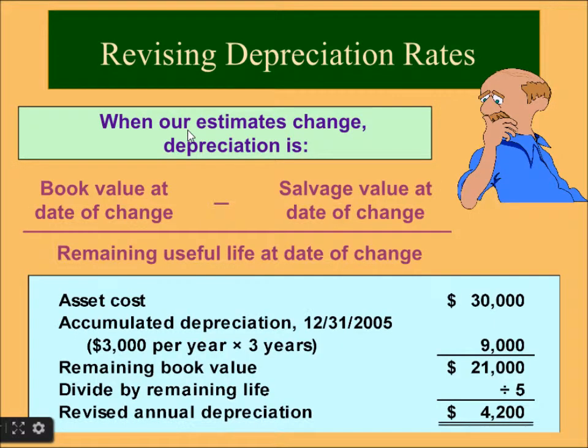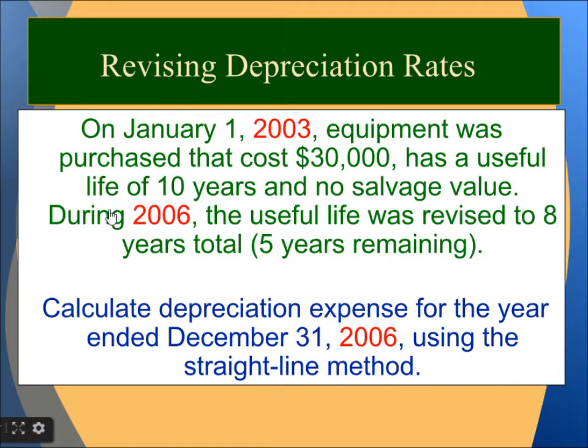So 9,000 is the accumulated depreciation at the end of 2005 and beginning of 2006, where during 2006 the revision took place, which revised the remaining years to be 5 years instead of 7 years according to the initial estimate.